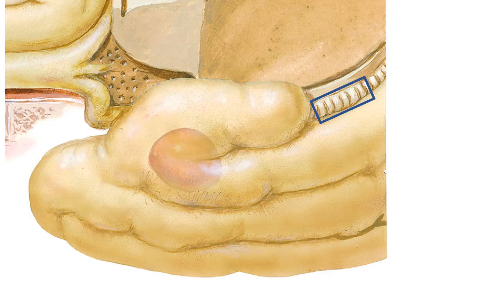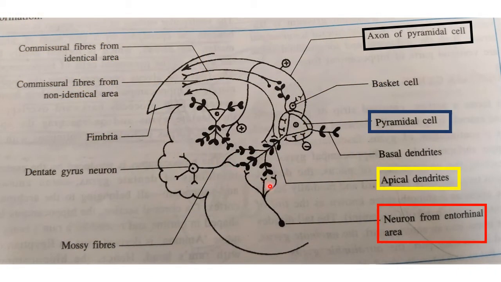What we are discussing is the middle layer, the granular layer, whose neurons receive input from the entorhinal area or parahippocampal gyrus via the perforant pathway, and then the axons of the granular neurons of the dentate gyrus make synapse with the mossy fibers.